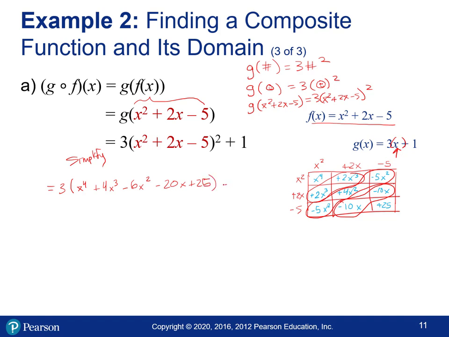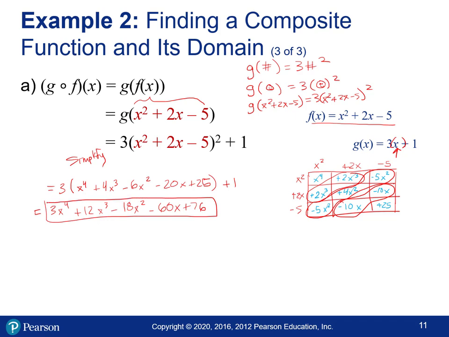Okay. And then we'll distribute the 3 and add 1. So this is going to be 3x to the fourth plus 12x cubed minus 18x squared minus 60x plus 76, because I'm going to add that 1. So 75 plus 1. And there's no like terms, so that is our final answer.